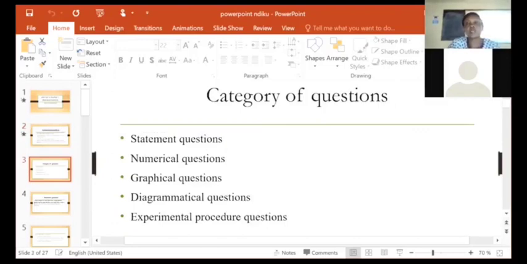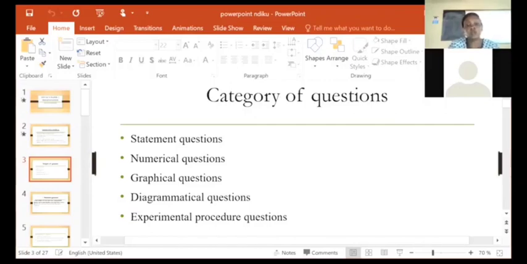When it comes to setting of the questions, I've tried to group them, and we have at least 5 different types of questions which can be set in the exam paper. We have statement questions, numerical questions, graphical questions, diagrammatical questions, and experimental procedure questions.